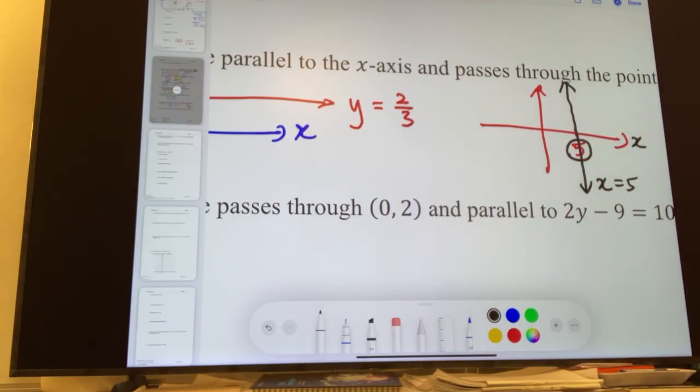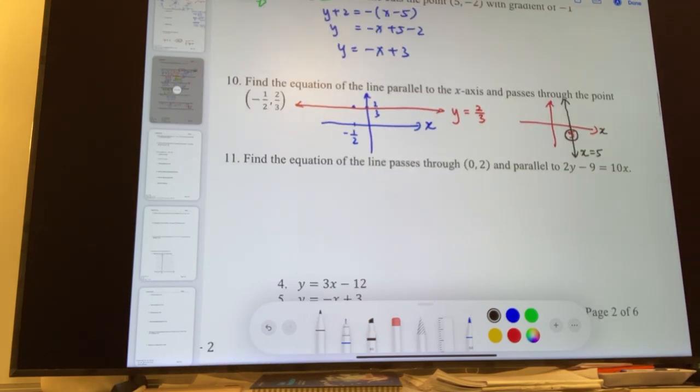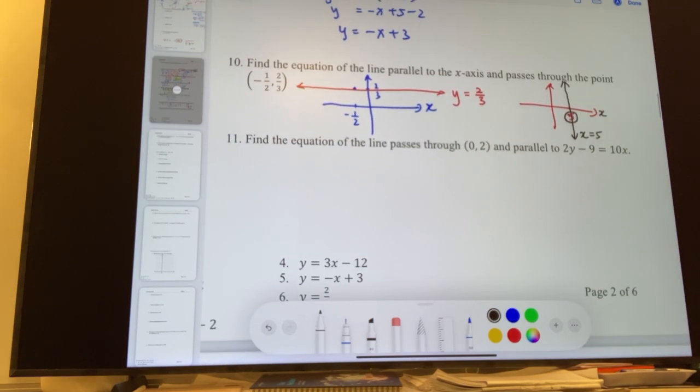When something cuts the y-axis, you write y equal. If it cuts the x-axis, you write x equal. That is for horizontal and vertical lines. Okay, all good? Right, let's keep going with the next one, question 11.